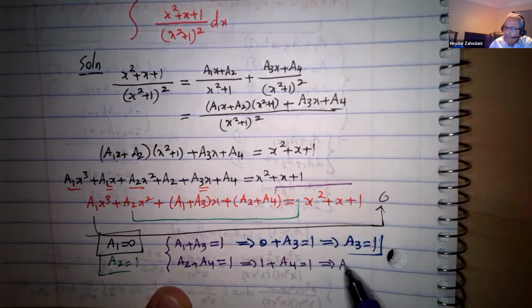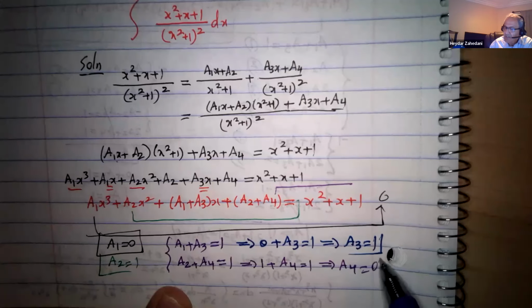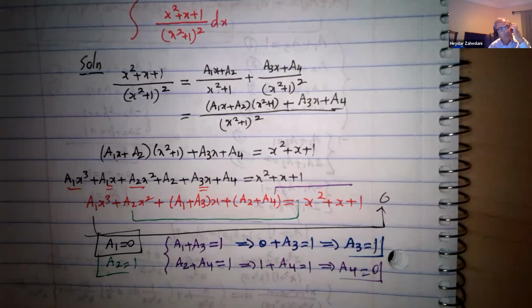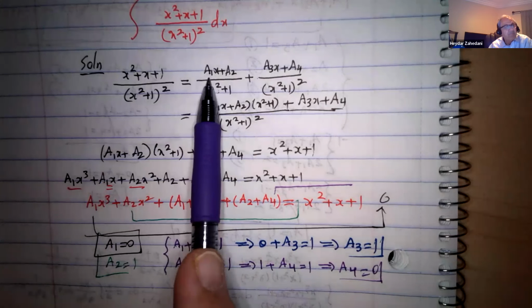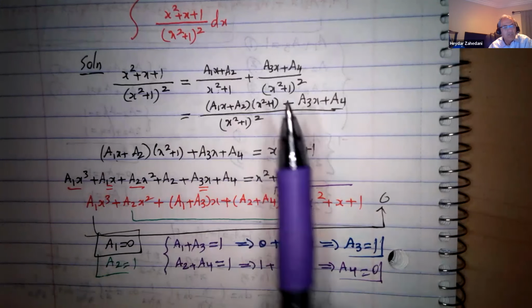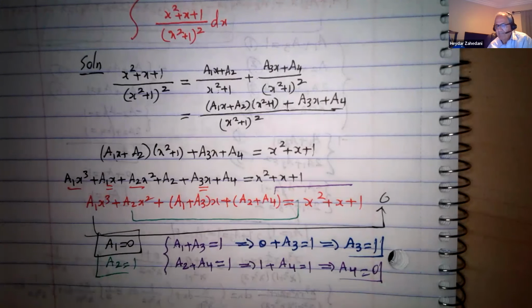So a4 would be 0. A4 is 0. The more 0s they give, the resultant integral is going to be simpler. So go back here. Substitute to see what you have to integrate.